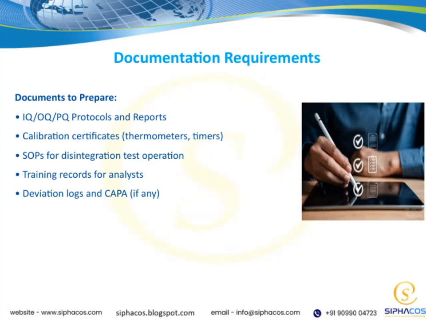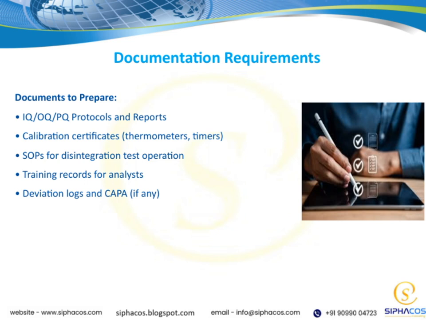When it comes to documentation requirements, there are several key documents that we need to prepare to ensure everything is properly recorded and compliant. First, we have IQ, OQ, and PQ protocols and reports. These are essential for verifying that equipment is installed correctly, operates as intended, and performs consistently during routine operation.